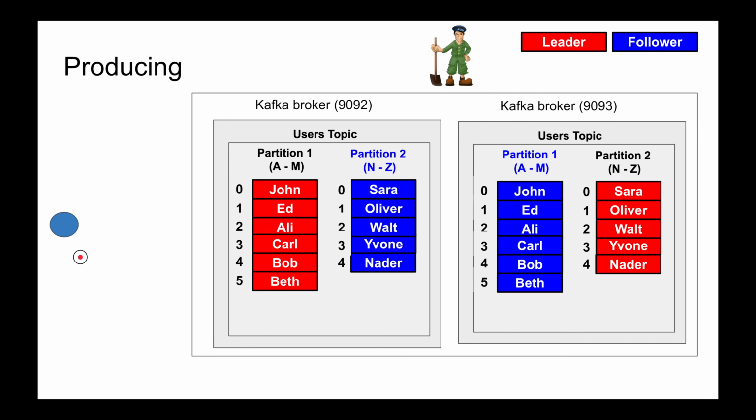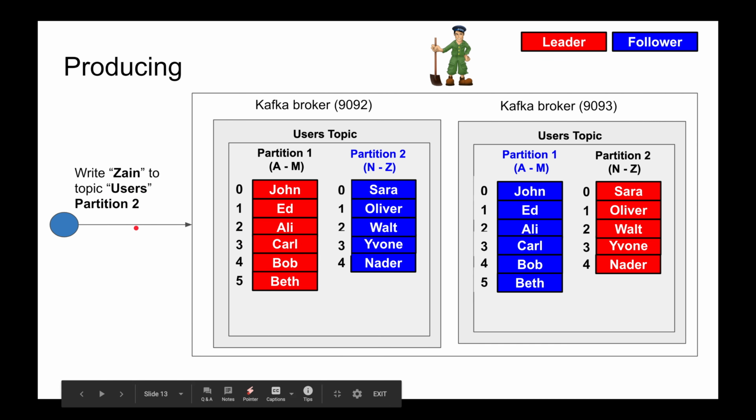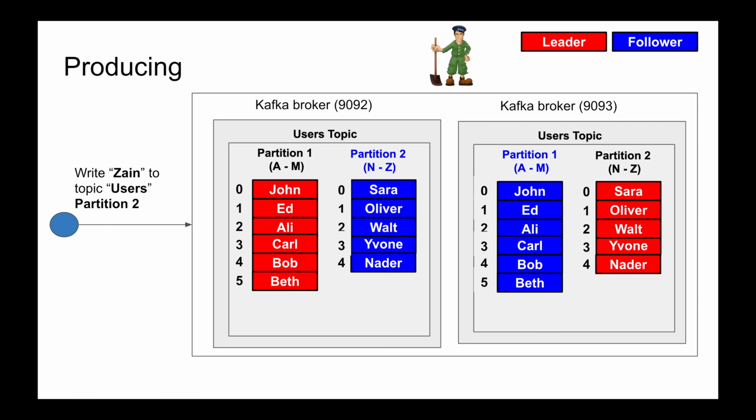And then you write to it. So let's say I'm about to write Zane as a user to the users topic, on partition 2, because I figured out the partition by doing a simple check at my end. A little bit complex, but sure, why not.